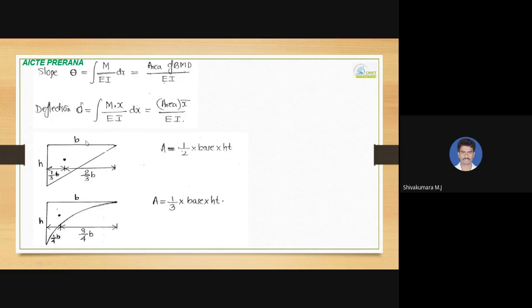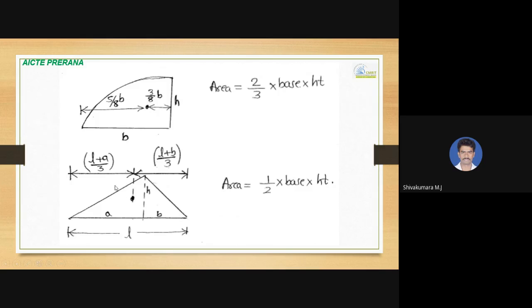So for the calculation purpose, you can have a look at the areas of different geometries. For a right angle triangle, half into base into height is the area. For a parabolic variation, 1 by 3 into base into height is the area, and for the other half of the rectangle in a parabolic variation it is 2 by 3 into base into height. The centroid is located at a distance of 5 by 8 times of the base width from the 0 end, and from the base it is 3 by 8 times of the horizontal distance.